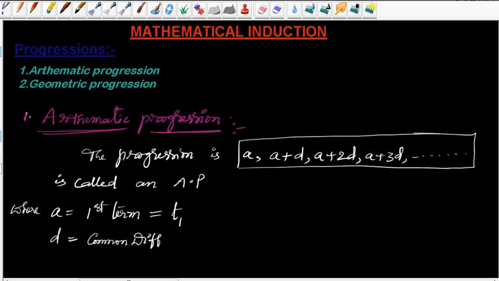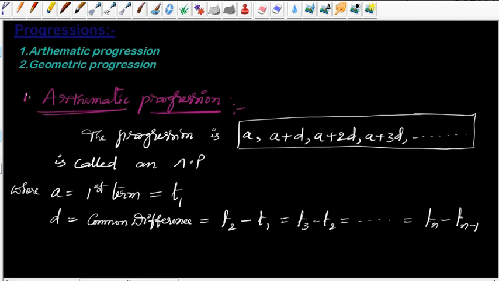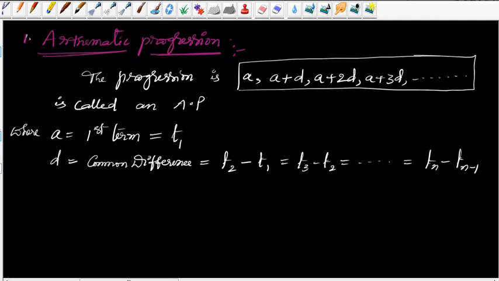How do you get the common difference? Second term minus first term, or third term minus second term, or nth term minus its previous term, that is the (n minus 1)th term. These are the arithmetic progression basic letters: the first term and the common difference.